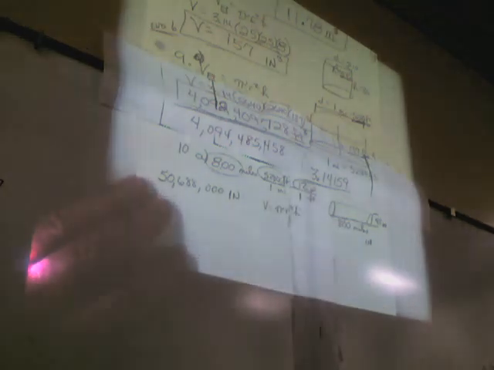The volume is pi r squared times the height. So we've got the height, that number there. We need to multiply that by the radius times the radius times 3.14.